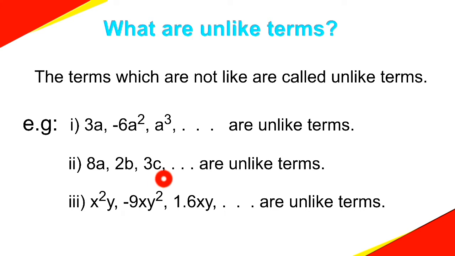The powers differ in the three terms. So we can say that x square y, minus 9 x y square, 1.6 xy are unlike terms.